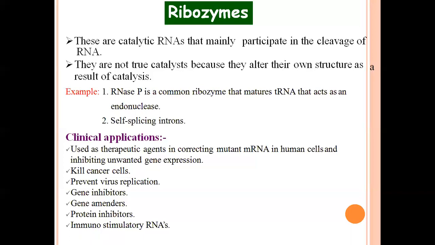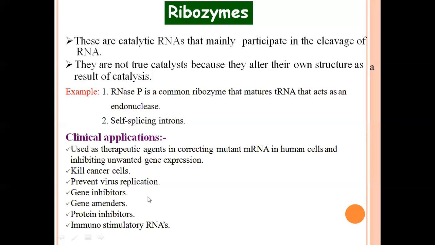Okay. So now the clinical applications of RNA: used as a therapeutic agent in correcting mutant mRNA in human cells and inhibiting unwanted gene expression is very important. It can inhibit unwanted gene expression, kill cancer cells, prevent virus replication, gene inhibitors, and gene amenders.